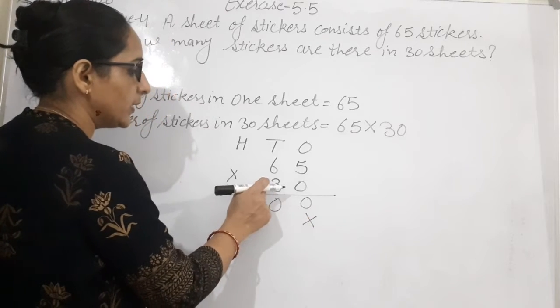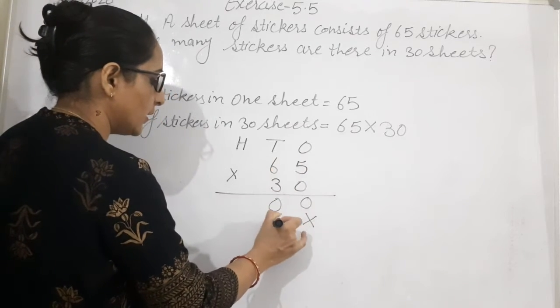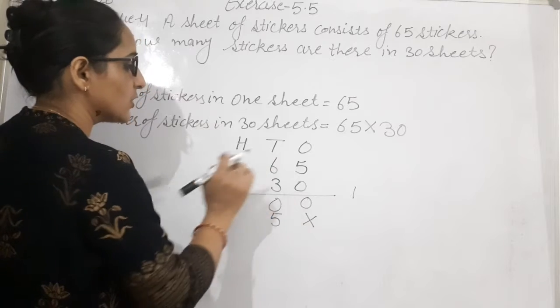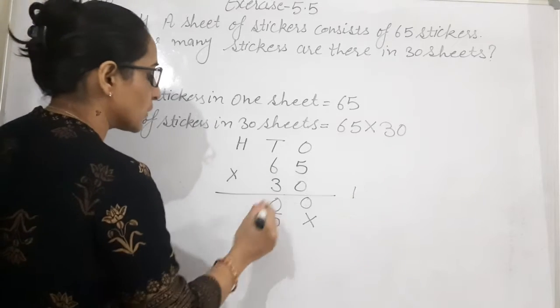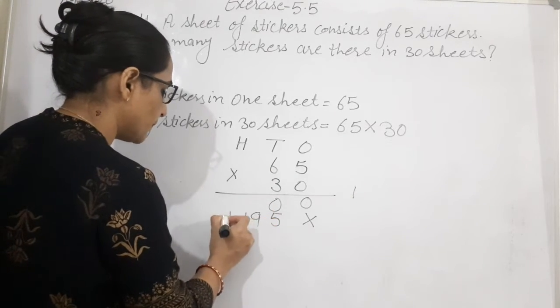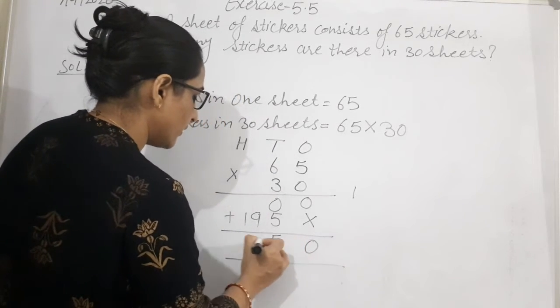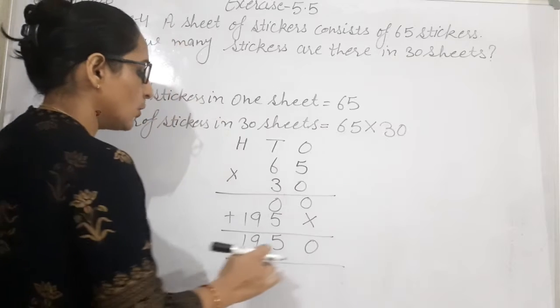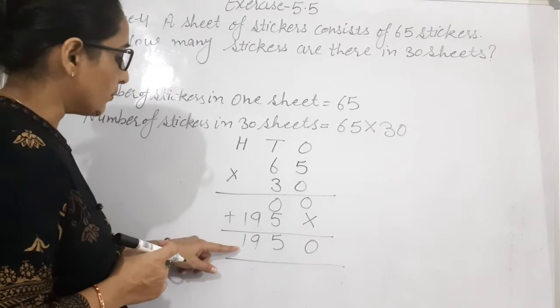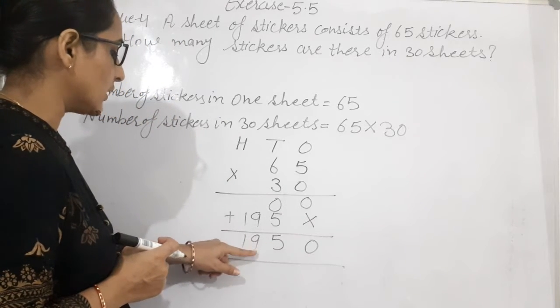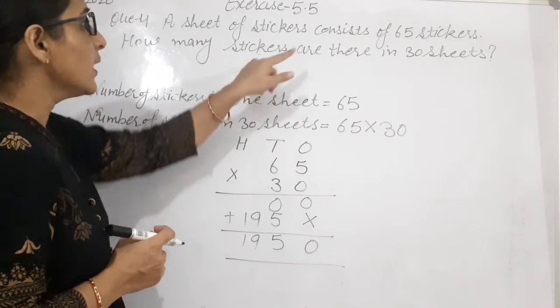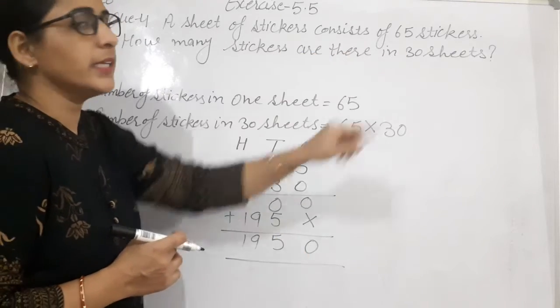Now multiply by 3. 3 5s are 15, 1 carry, 3 6s are 18, 18 plus 1 is 19. Clear? Now add 0, 5, 9 and 1. So how many stickers are there? 1950 stickers are there in 30 sheets.